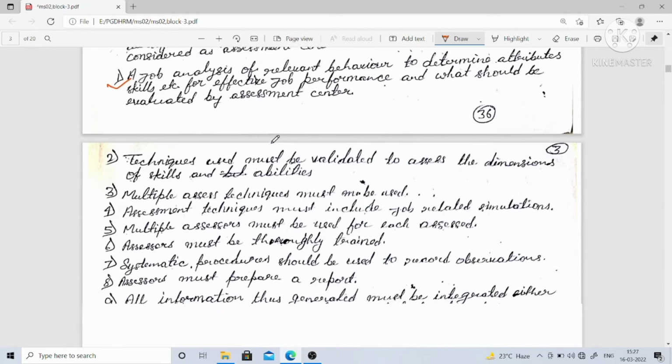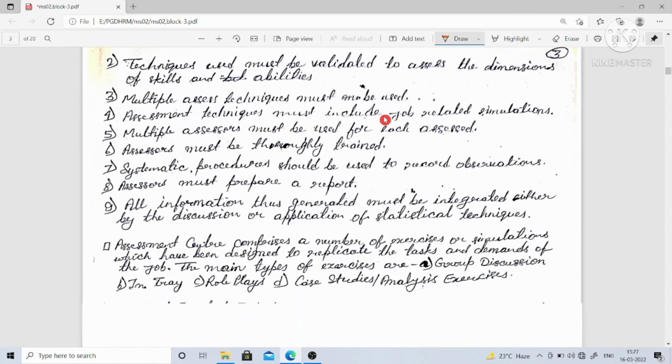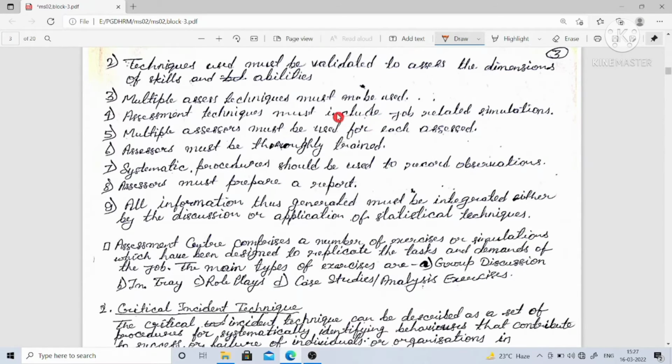Second, techniques used must be validated to assess the dimensions of skills and abilities. Means whatever skills and abilities are going to be assessed, those techniques should be valid for assessing those skills and abilities.